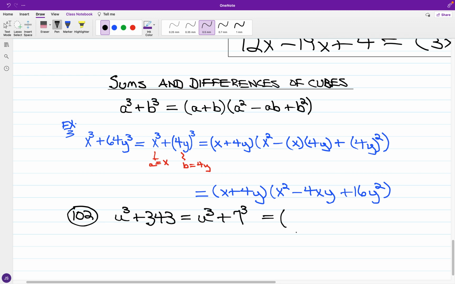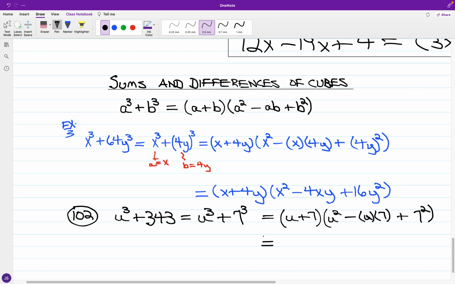So for a plus b, we have the quantity of u plus 7. For a squared, we're going to have the square of u. And for minus ab, we have the product of u and 7. And for b squared, that's going to be the square of 7.